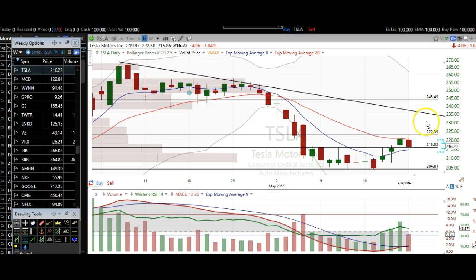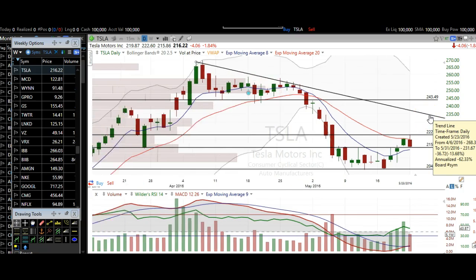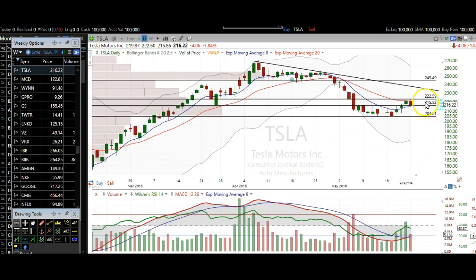Next resistance above that is right around at this downtrend line right here, which it most likely gets a rejection at. You got to be aware of that. Got this downtrend line grinding against those levels. So be aware of those levels. 215 support. Support below that at around 204. And then resistance at 223 and above at the downtrend line that I mentioned just a second ago.